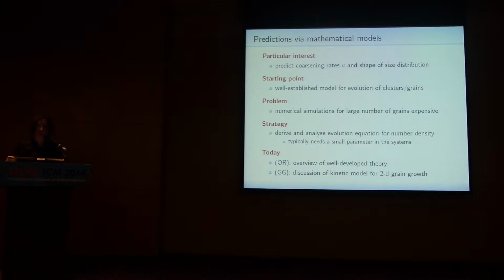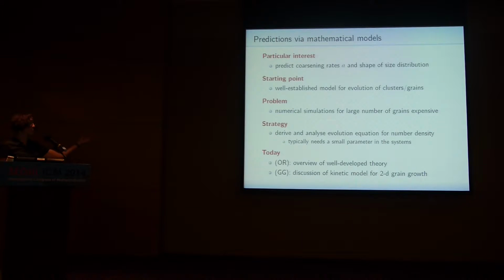So our strategy is different. It's a bit like Boltzmann, considering the Boltzmann equation in gas dynamics. That might be more familiar to most of you. So from this starting model we want to derive an evolution equation for the number density.